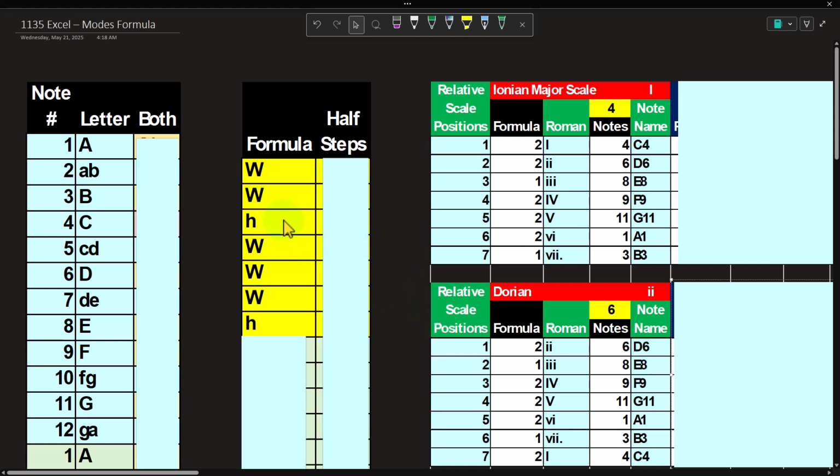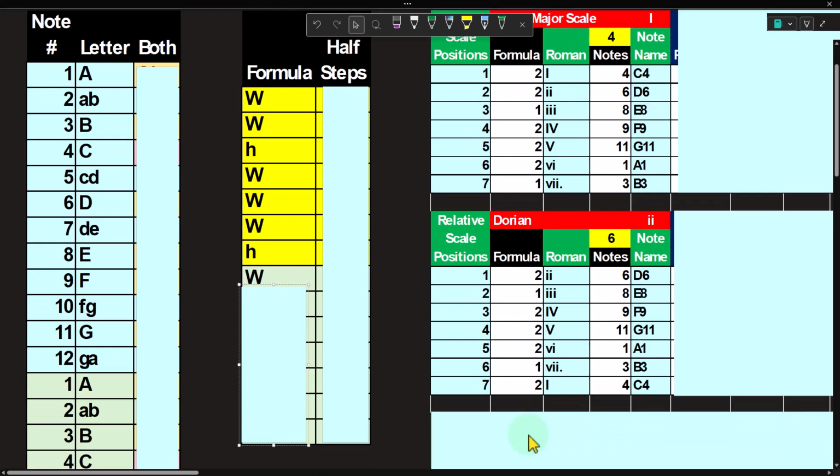So then you'd have a whole, half, whole, whole, whole, half, whole, which would be 2, 1, 2, 2, 2, 1, 2. So that means if I'm on the 6, which is a D, then I apply the formula from that second point, and I get the same collection of notes. These are called relative scales.